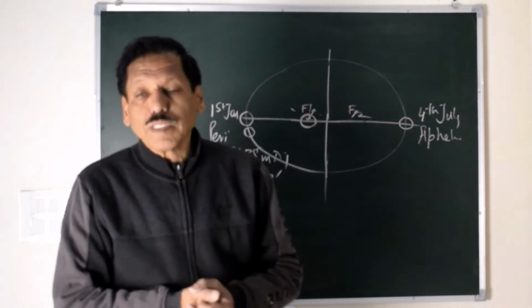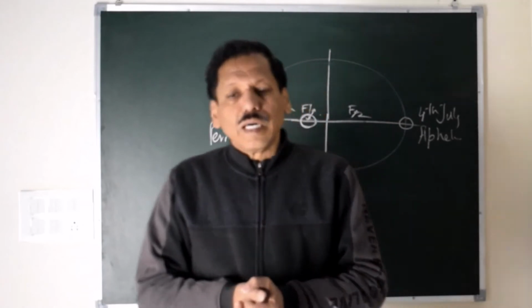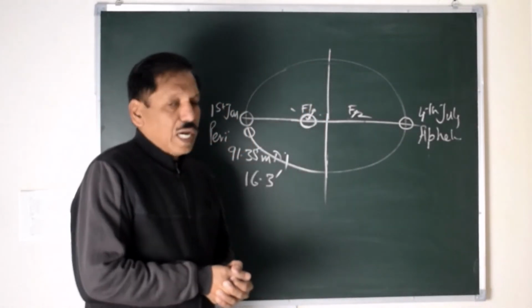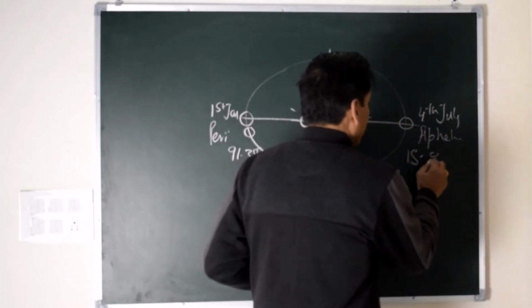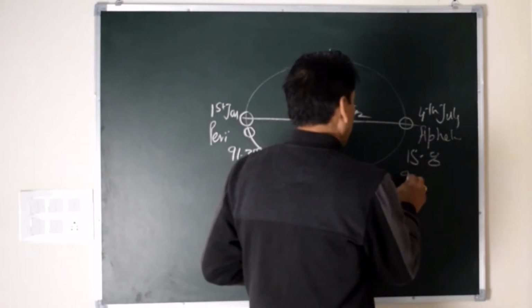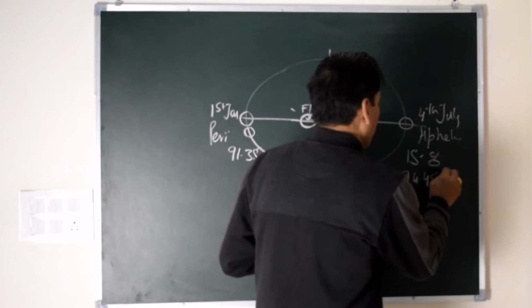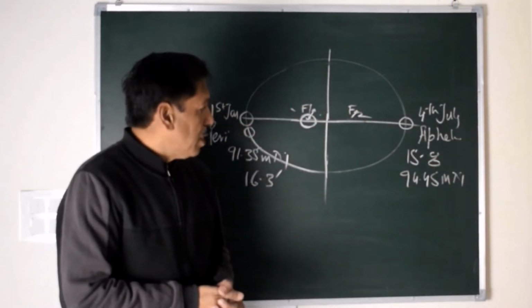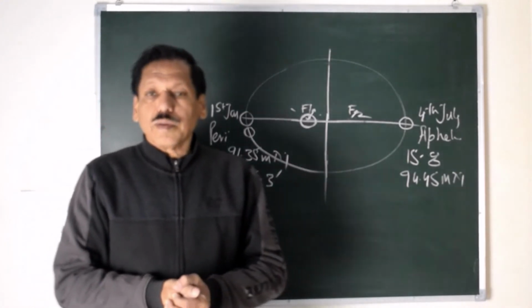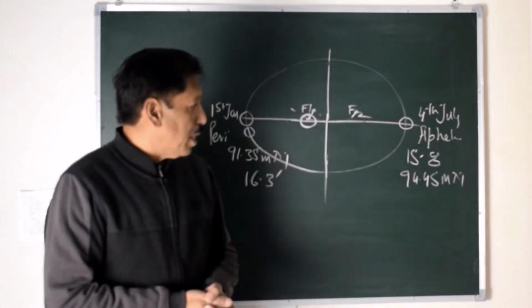Whereas aphelion, which happens on 4th July, will give you a semidiameter of 15.8 and a distance of 94.45 million miles. That kind of variation of distance happens on perihelion versus aphelion.